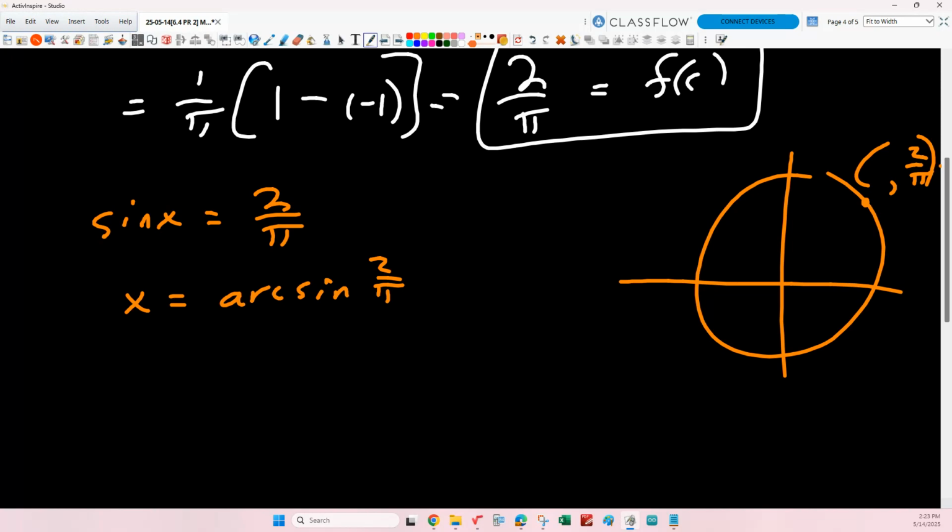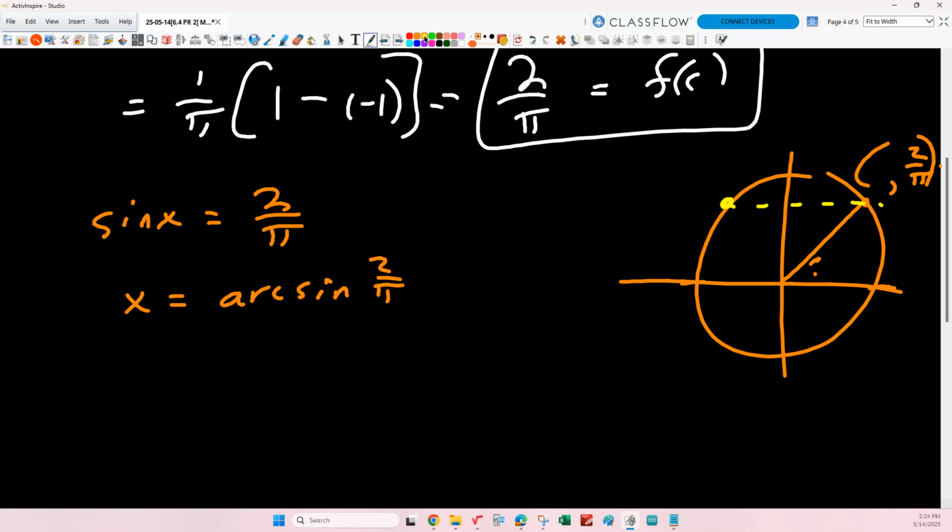So we want to know what's that angle. But if I find that angle, where's the other place that's going to happen between 0 and pi? Where else would the sine have that same positive value? Yeah, it'd be right over there, wouldn't it?